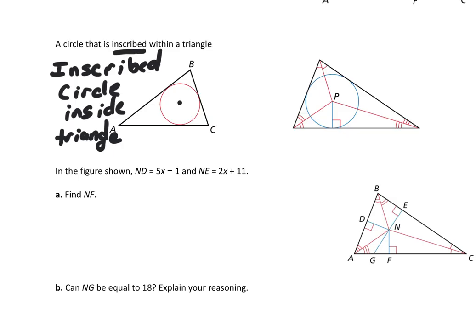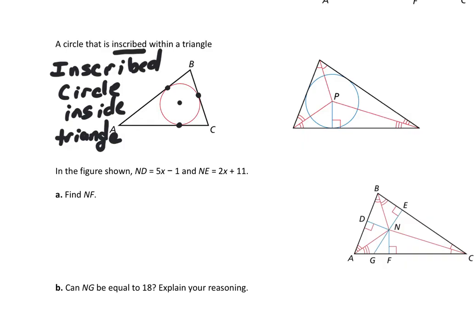Not only is it on the inside of the triangle, but it touches the triangle at all three edges of the triangle. We call that a tangent. It's a tangent point because it touches it at one point. We'll talk more about tangent later on in the year. But right now, we're seeing that that circle's on the inside.